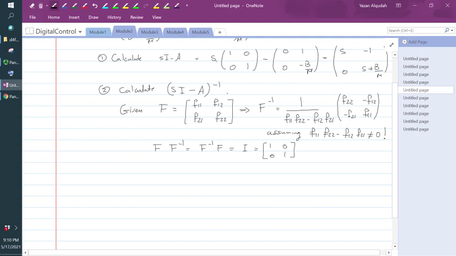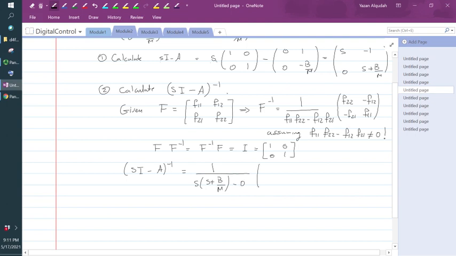Okay, so going back to our example, if I want to calculate (sI - A)^-1, this is going to equal 1 over, I'm going to have to multiply s multiplied by (s plus b over m) minus 0 multiplied by 1, so therefore minus a 0.